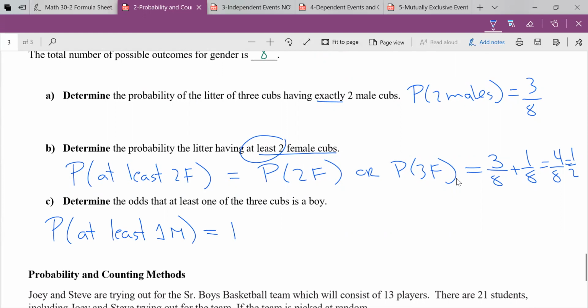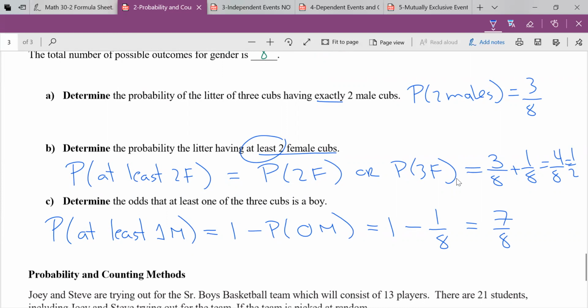So what I don't want is 1 minus the probability of 0 males. Well, there's only one way I can get 0 males. It's when I've got all females, don't I? That's 1 over 8. So the probability I get at least 1 boy or 1 male is 7 over 8.